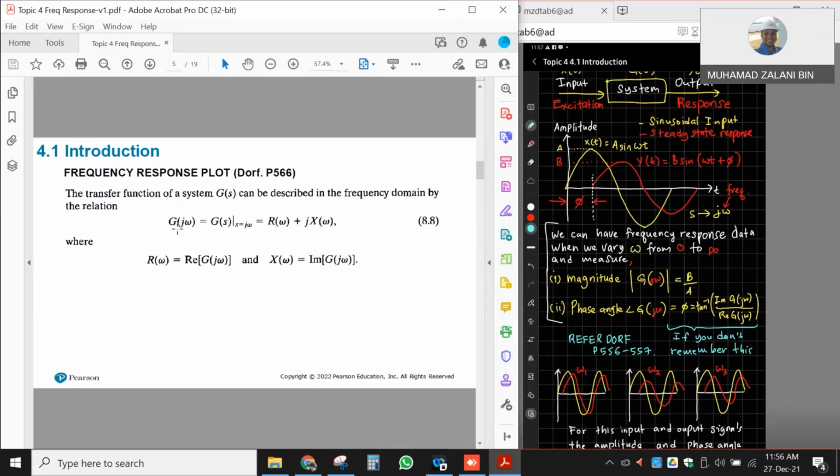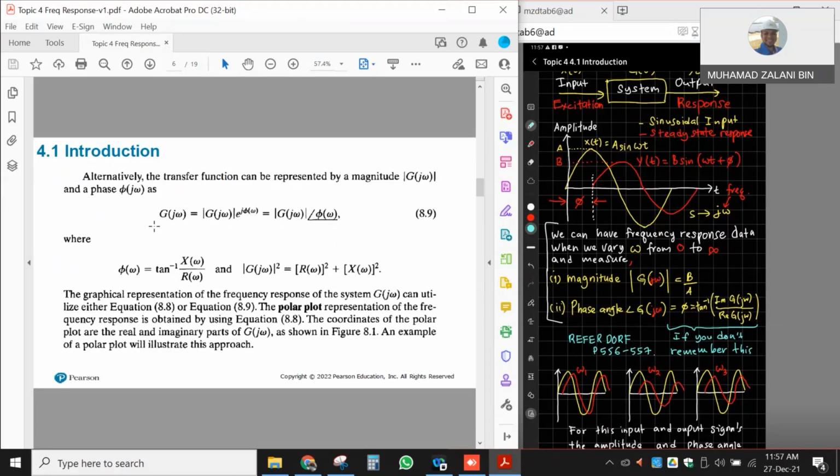If we substitute s by j omega, because this is a frequency function, we will get R(omega) plus jX(omega), where R(omega) is the real part of G(j omega) and jX(omega) is the imaginary part of G.